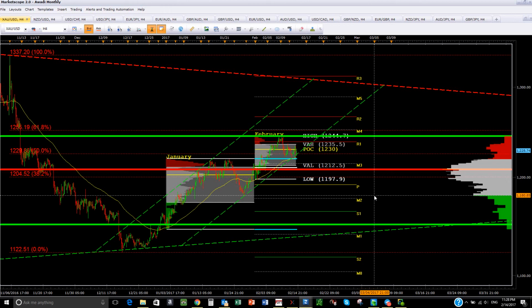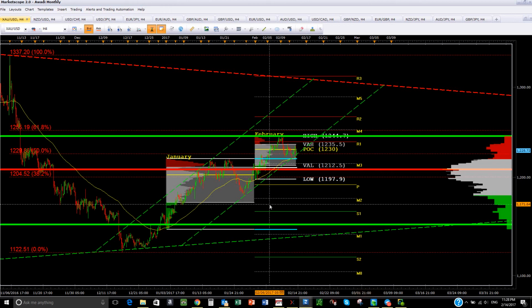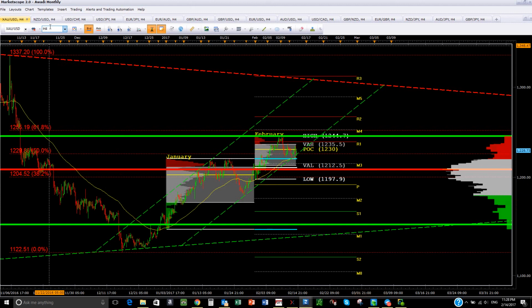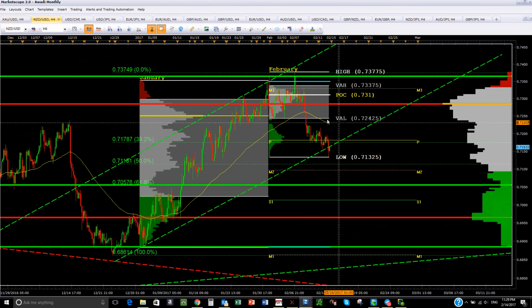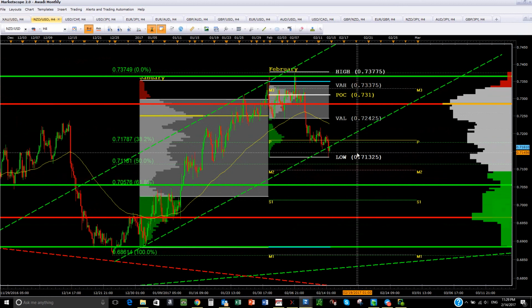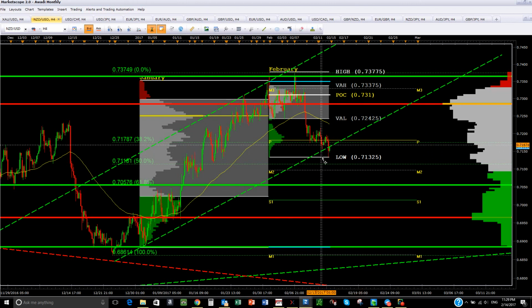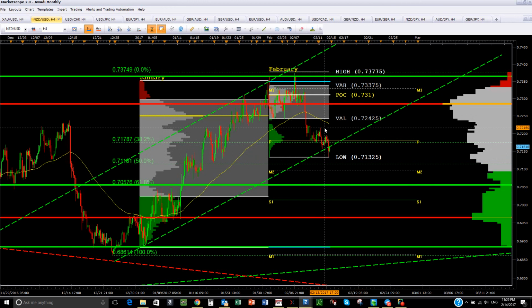I do the same thing for all my currencies. For example, this is the New Zealand. By the way, good luck with the buying of the New Zealand. When you sent your signal, I saw it below my moving average, so I was still thinking again.